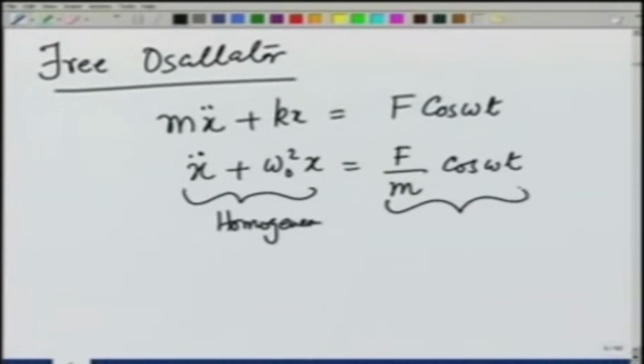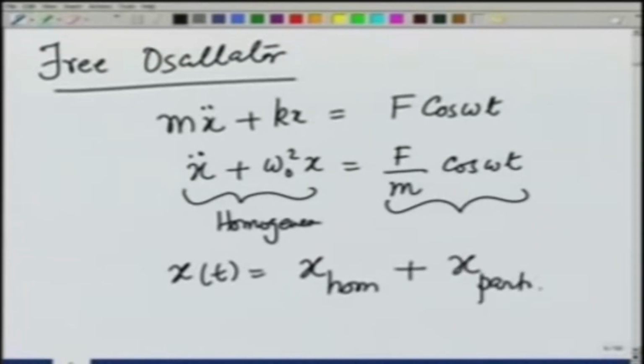and a driving term. So, the general solution of this equation is going to be x of t is equal to x homogeneous plus x particular. I need the homogeneous part to satisfy the initial conditions, because it is only the homogeneous solution that has freely fixable coefficients.